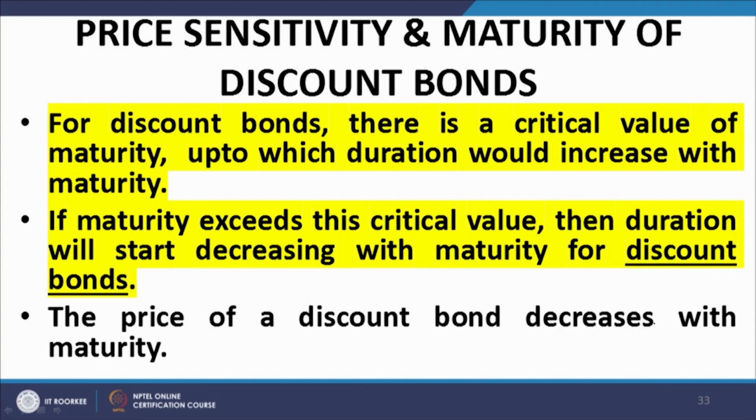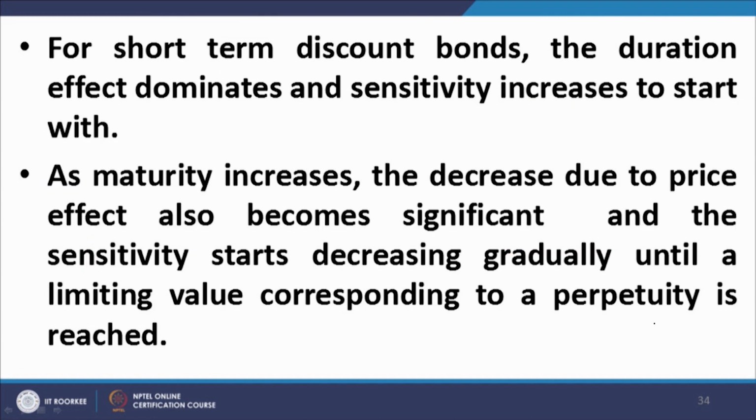As far as the price effect is concerned, as the maturity of a discount bond increases, the price decreases. Therefore, what happens? For short term discount bonds, the increase in duration will dominate over the price effect, and as a result the price sensitivity will increase.